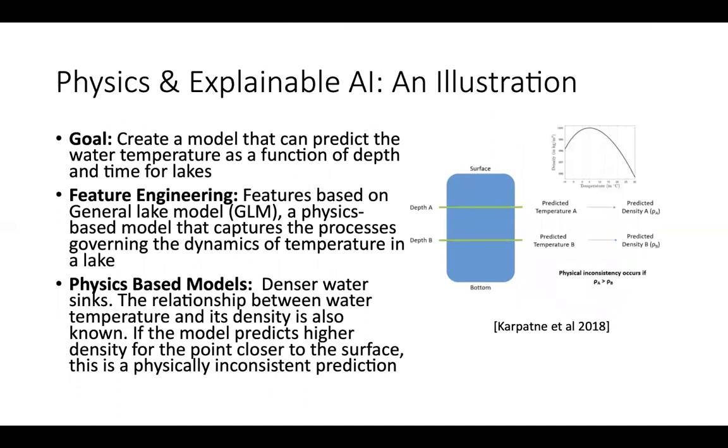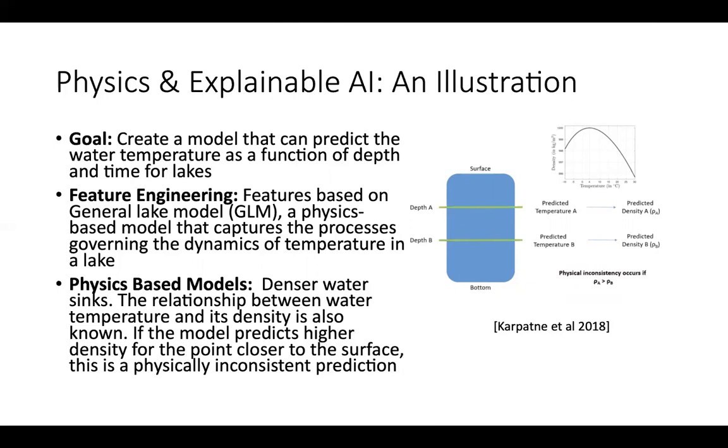All right, so to illustrate, we are going to use the following example. The task is that we have to build a model which can predict water temperature as a function of depth and time for a lake. There are already physics-based models that exist, such as the general lake model.